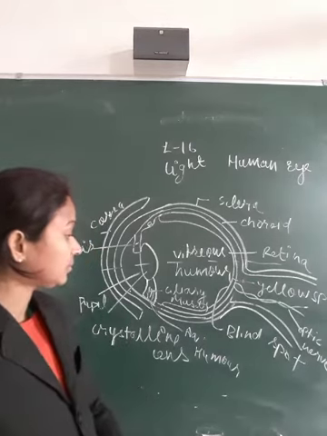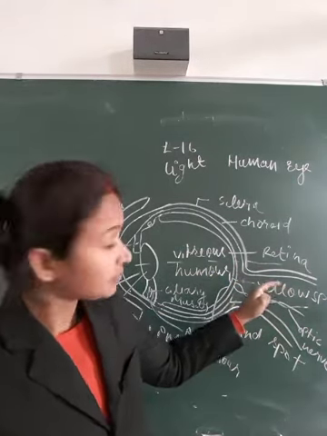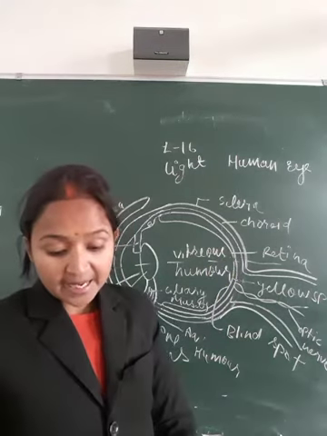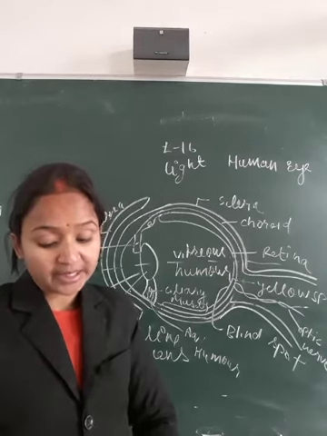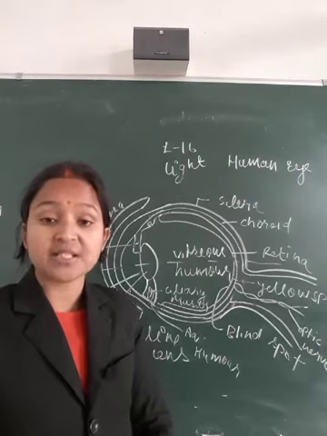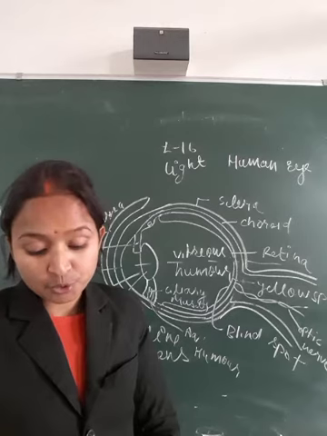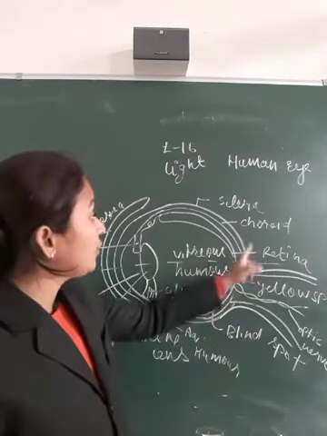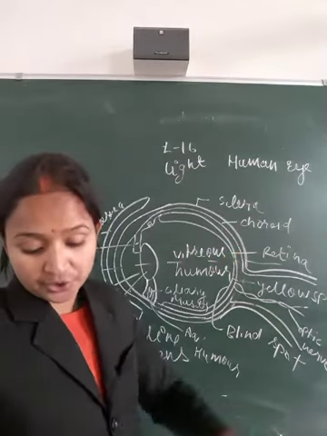Next one is the retina. You can see in the diagram, this part is the retina. On entering the eyeball, the optic nerve spreads like a canopy, such that each nerve attaches itself to the choroid.